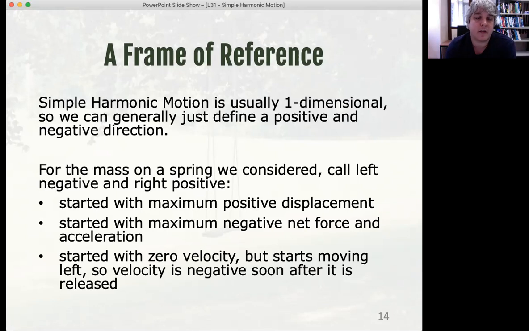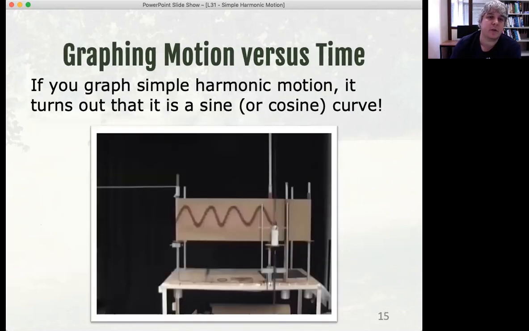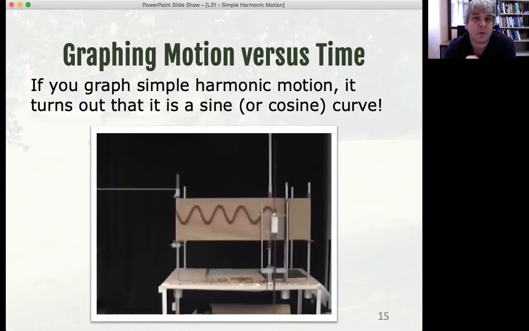All right, so we've got this frame of reference all set up, but you can also do it vertically. And here we've got an example of a vertical system. So exactly the same idea. Classic would be to define up as positive, down as negative, but because the graph is not really a graph, it's an example of what it would look like, they haven't defined that. And what you get is the sine curve or cosine curve, right?